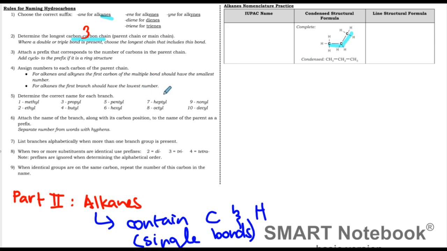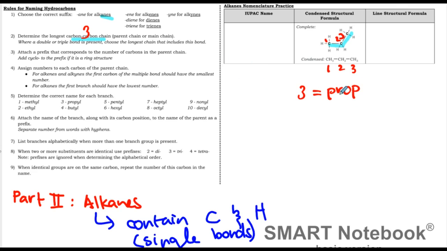We're not going to add a prefix besides the number of carbons because it's not cyclic, nor does it have any substituents attached to it, just because it's all just hydrogens. So in order to name this, all we have to acknowledge are the number of carbon atoms, 1, 2, 3, or we can simply use the condensed structural formula, 1, 2, 3 carbons, and therefore 3, the prefix that we use is prop.